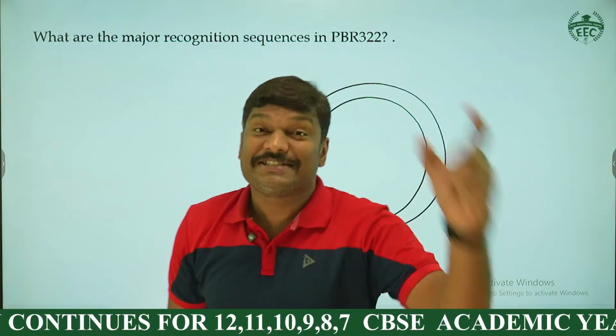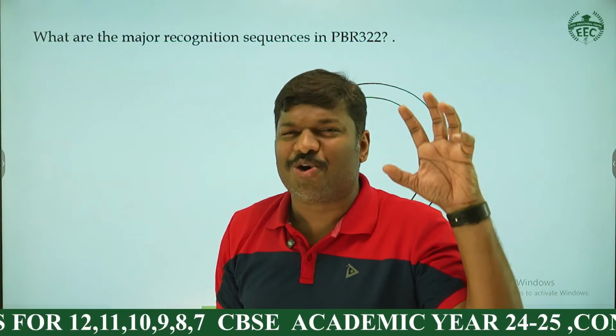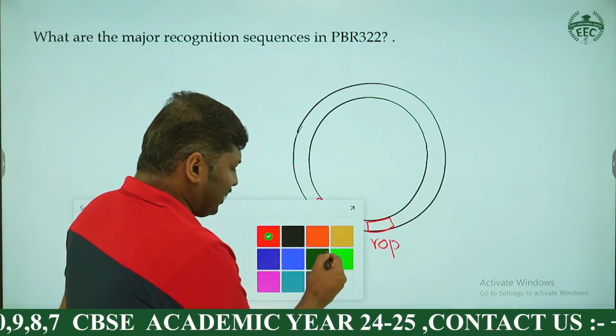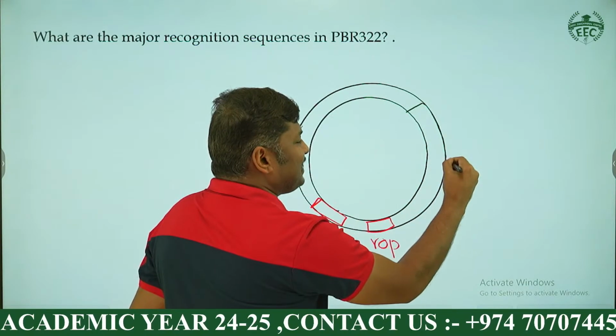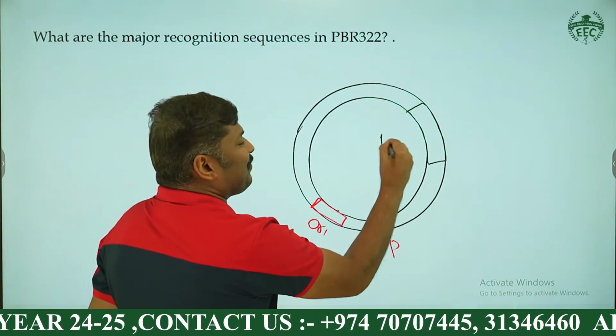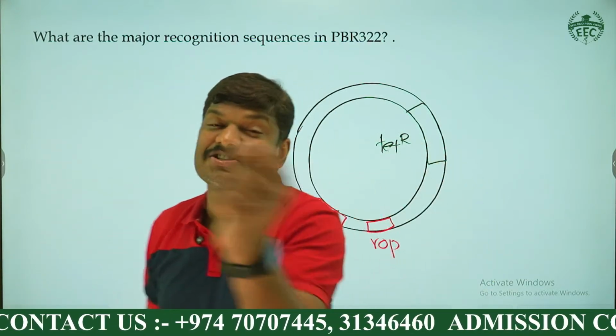What is the word I use? Selectable markers. And as you all know, these selectable markers are antibiotic resistant genes. So that is why we are inserting an antibiotic resistant gene here. What is that antibiotic resistant gene, my dear student? It is what we call TETR. What is that? Tetracycline resistant gene.